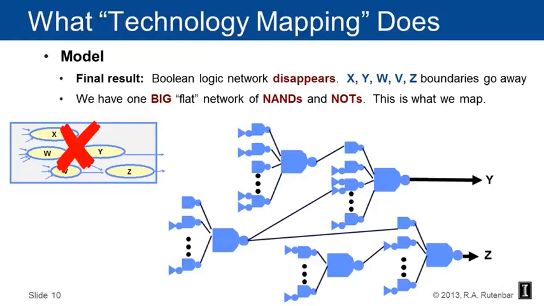So what I get here is one big flat network of NANDs and NOTs.